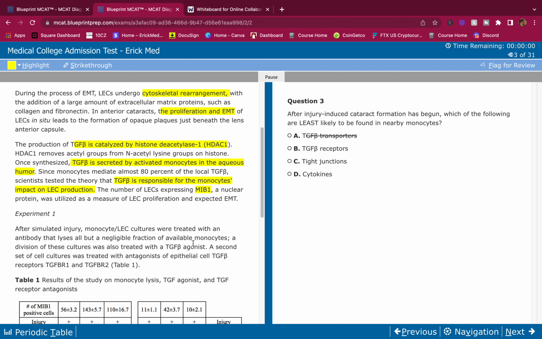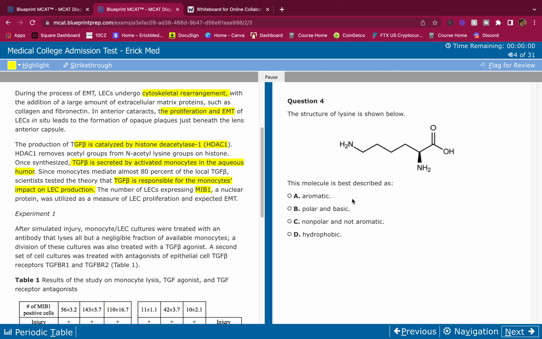Cytokines help differentiate monocytes too. So this is going to be wrong. I'm left with TGF-beta receptors and tight junctions. If we need to proliferate, we could possibly use TGF-beta receptors. So I'm going to go with C, tight junctions.